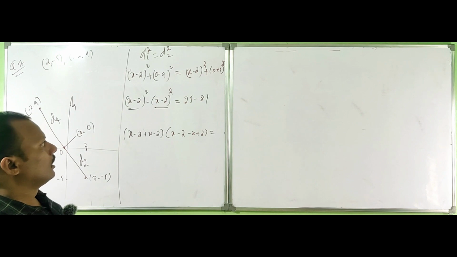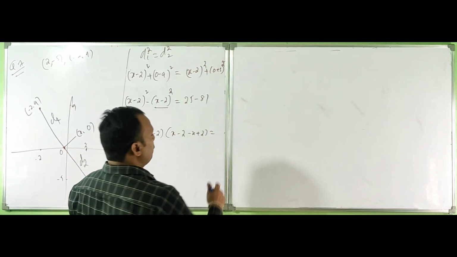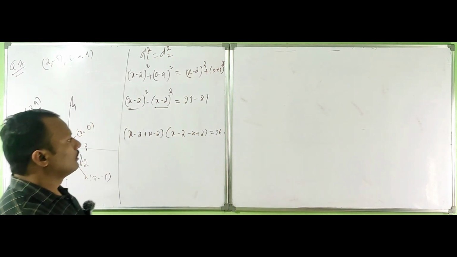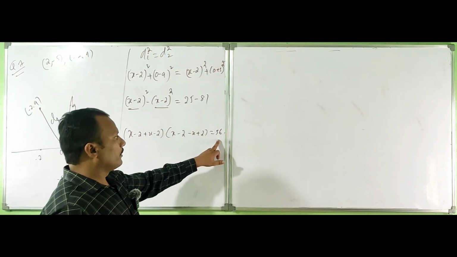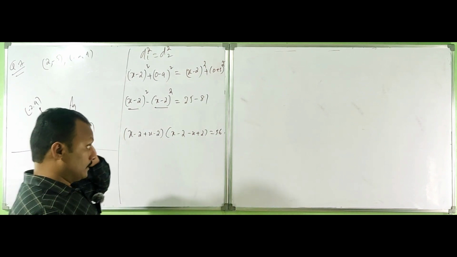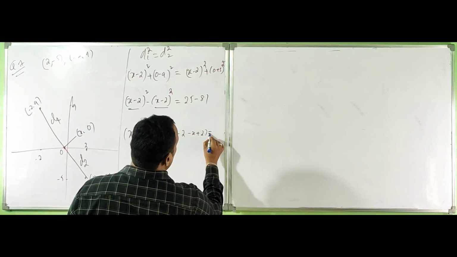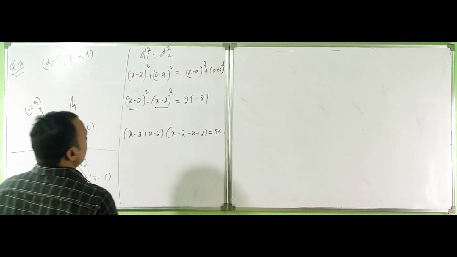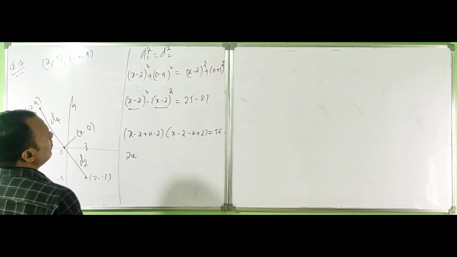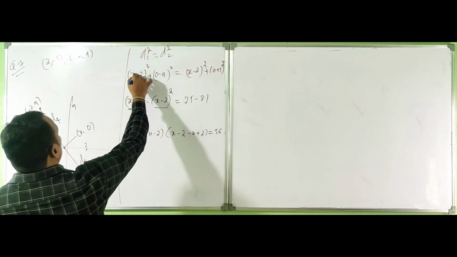81 minus 25 is 56, I think so, right? This becomes 56. This becomes 2x, and this is x plus 2.